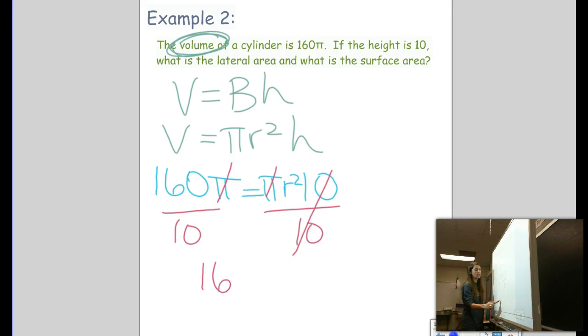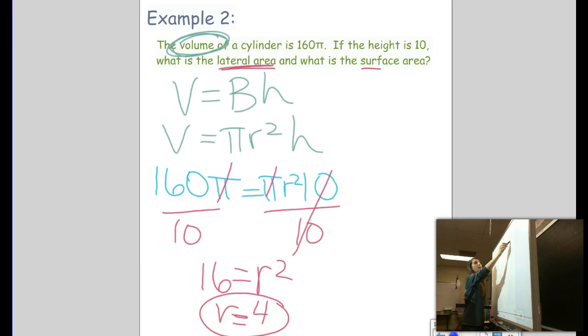It's 16. 16 equals R squared, and 16 is a perfect square. What's R? 4. We are running low on time, but you would use that 4 and find the LA, and you would find the SA, but we are going to go on to our next example.